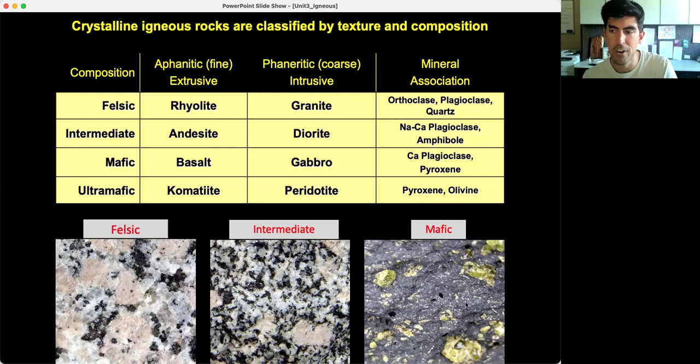That is what you see here. And then intermediate as well, forming large crystals. This is a diorite. So this table, although there's a lot of information, it's really easy to break down once you know the various categories of composition, and then things related to texture and what minerals might be found there.